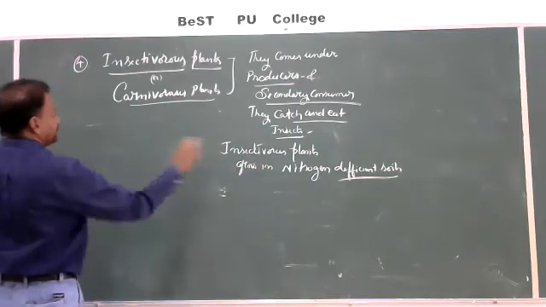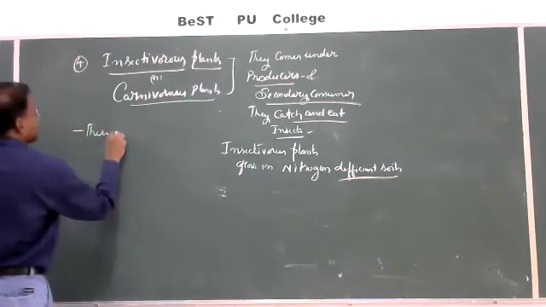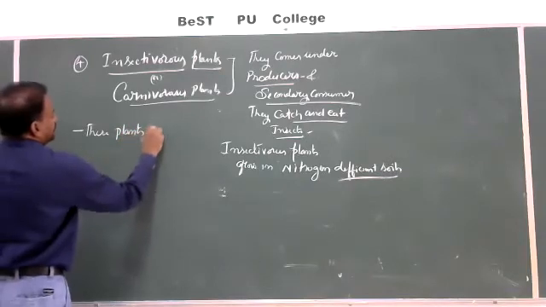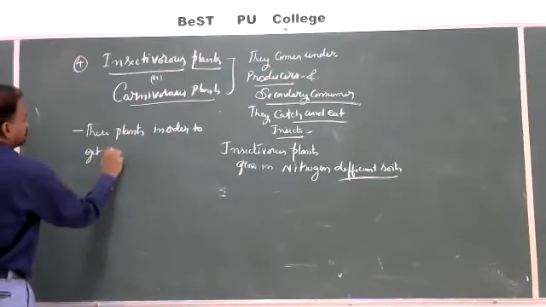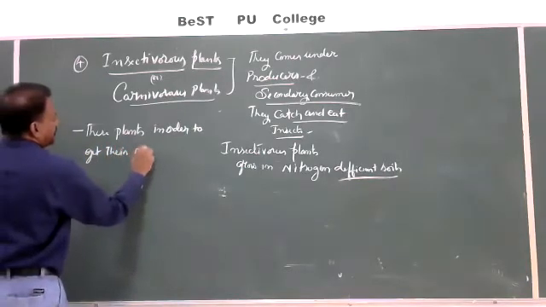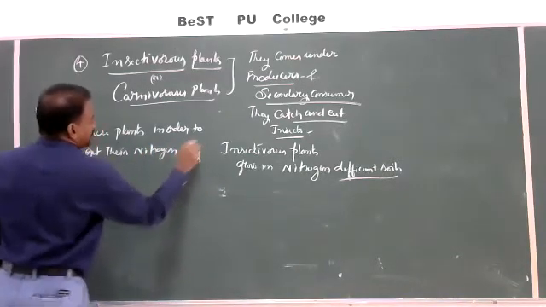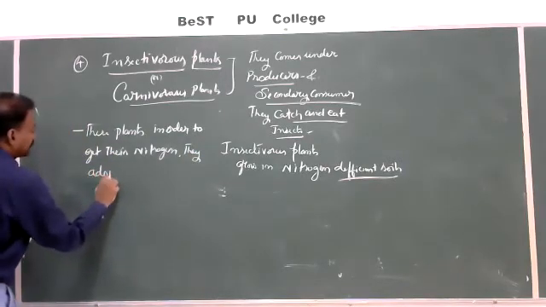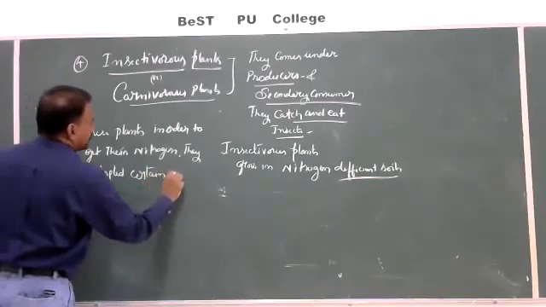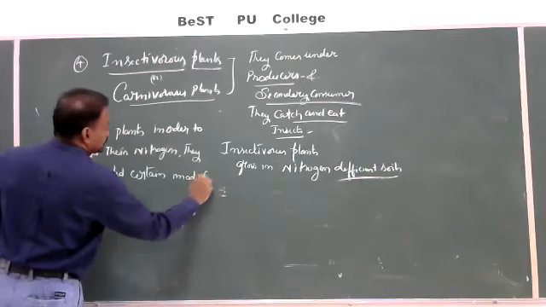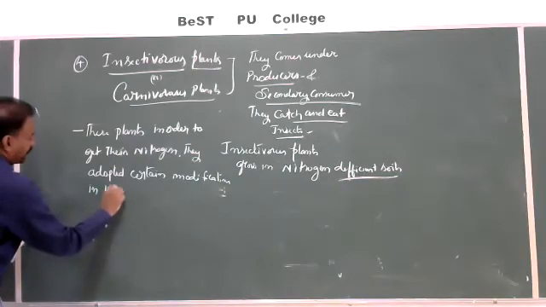Among these insectivorous plants, in order to get nitrogen, they adopted certain changes, modifications in their parts.